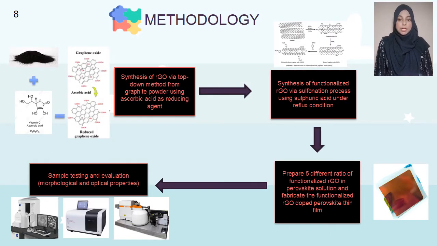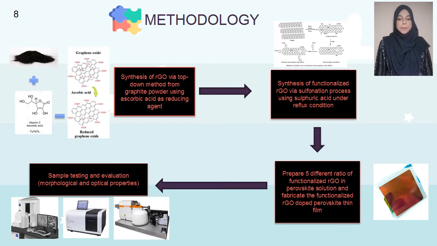Moving to the methodology section, firstly is the synthesis of the RGO via the top-down method from graphite powder using ascorbic acid as a reducing agent. Secondly, the synthesis of the functionalized reduced graphene oxide via sulfonation process using sulfuric acid under reflux condition.